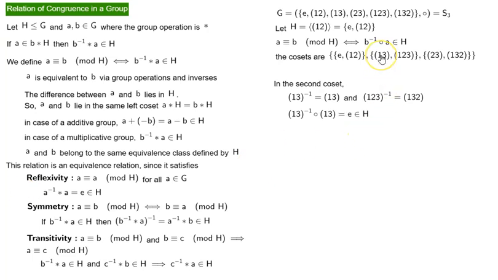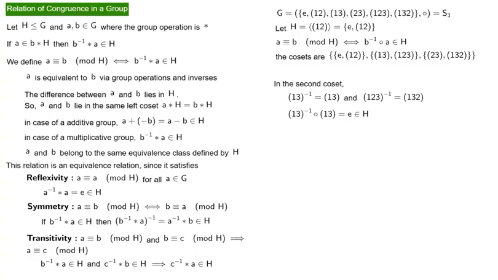So now (1 3) inverse times (1 3) is equal to e, which is in H. (1 3) inverse times (1 2 3): (1 3) inverse is (1 3), so (1 3) times (1 2 3) is equal to (1 2), which is in H. Now permutation (1 2 3) inverse times (1 2 3) is equal to e, which is also in H. So we are seeing that the operation carried out between two elements of a coset, based on this definition, the resulting element remains in H.